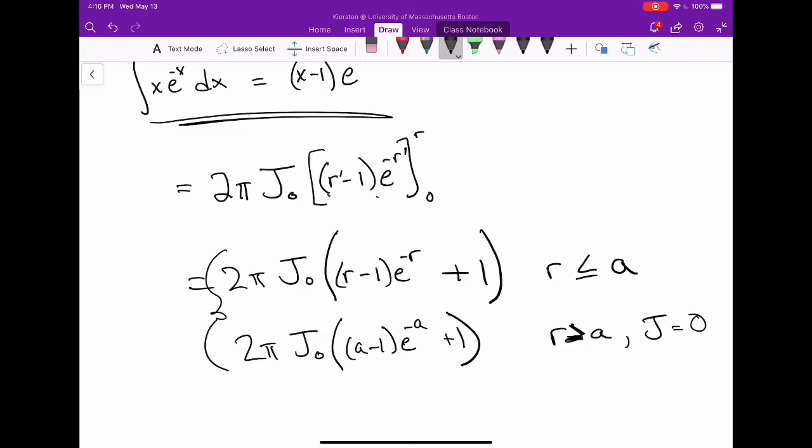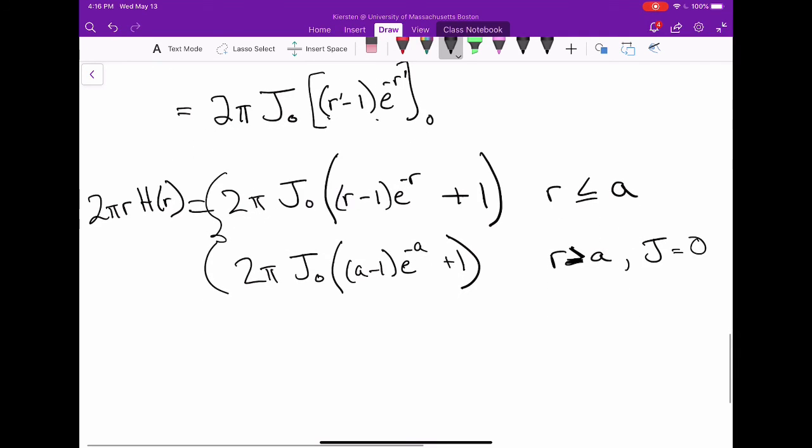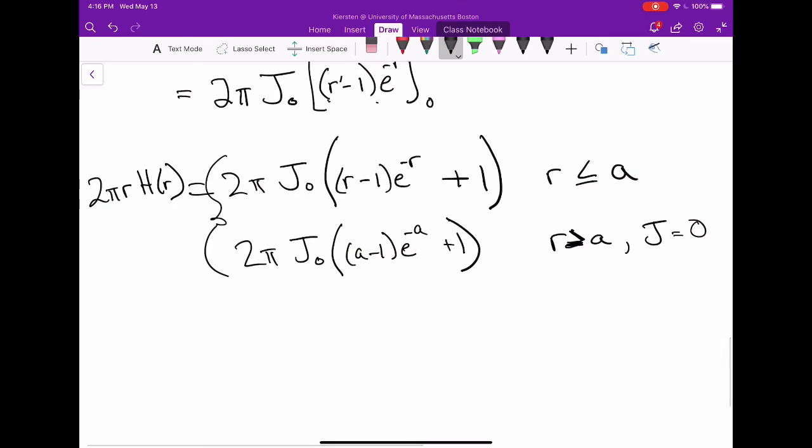And on the left-hand side, we just had 2 pi r H of r, like that. Which means that H has two different solutions, one for r less than a and one for r greater than or equal to a. So H, which is a function of r and also a vector, is equal to phi hat J naught over r.